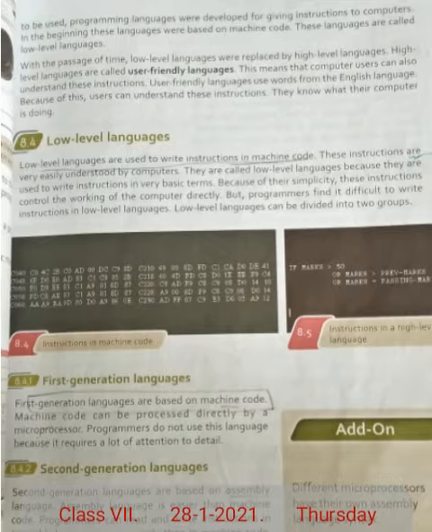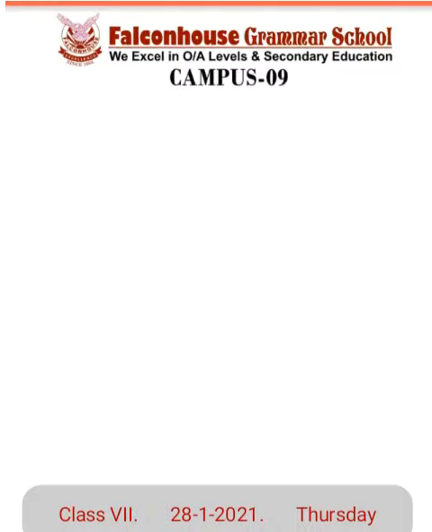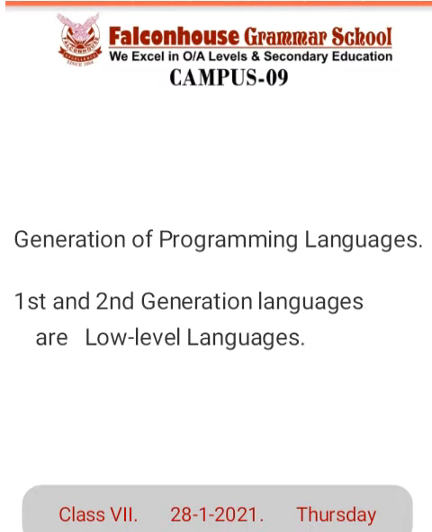These programming languages, low level languages and high level languages, are divided into 5 generations. Low level language is divided into 2 generations: first generation language and second generation language are low level languages. First generation languages are based on machine code. Machine code can be processed directly by a microprocessor.